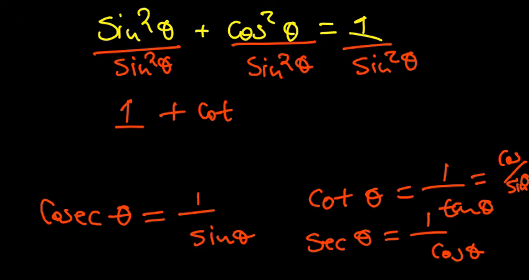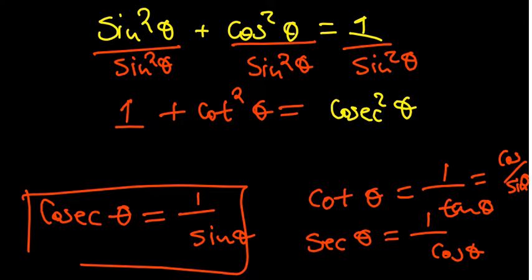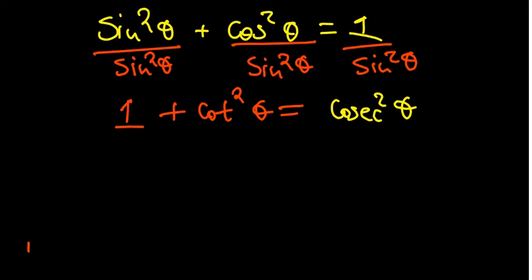Now it is squared, so it will be cot squared theta. Then 1 over sine, we said it's cosecant. So since it is squared, it's also going to be cosecant squared theta. So that's another identity that is going to be very useful as we proceed. Okay, take note of it. So our second identity has also been derived.